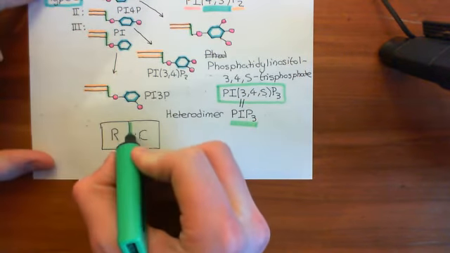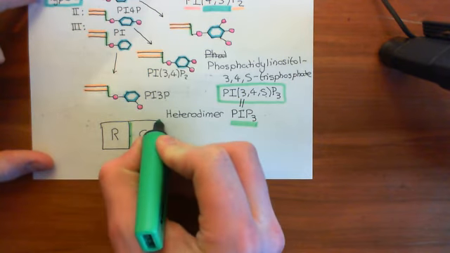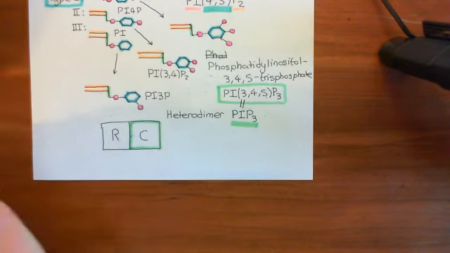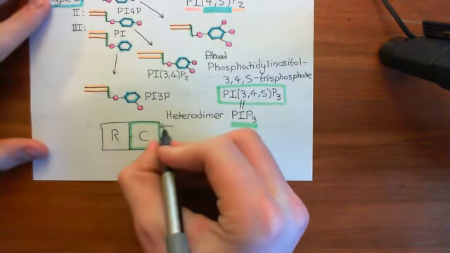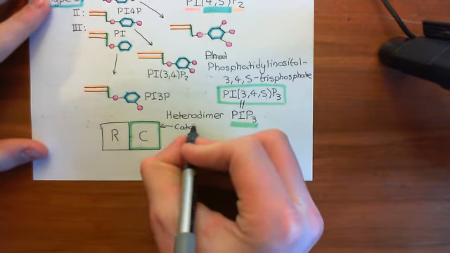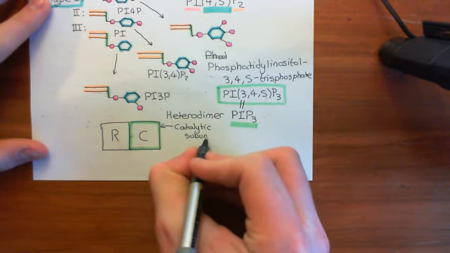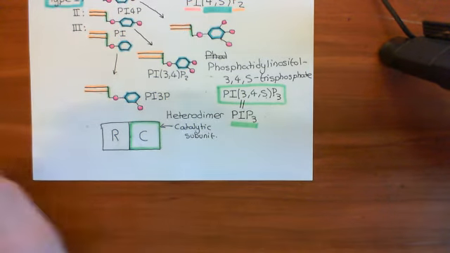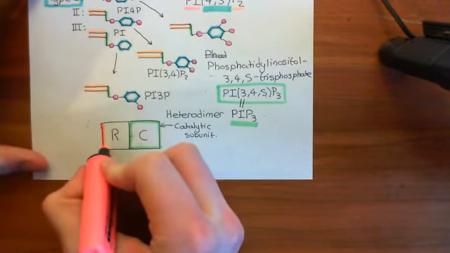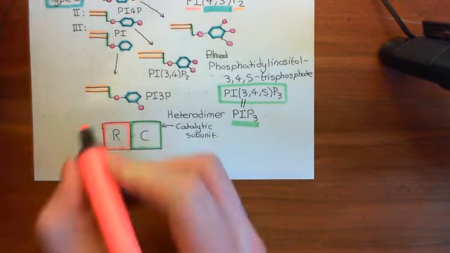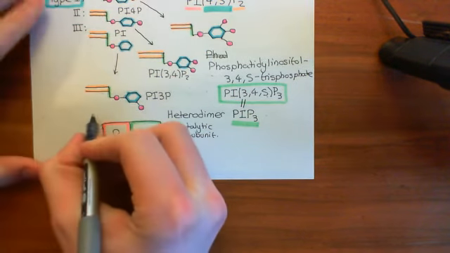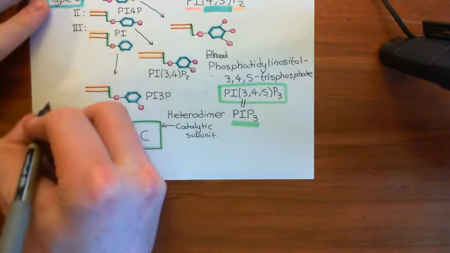Okay, now one of these is the catalytic subunit, which is this one that I'm now highlighting in green here. So this is the catalytic subunit. Okay, and then the other is the regulatory subunit, which I'll now highlight in red here. Okay, right. And together they make the full PI3 kinase enzyme.